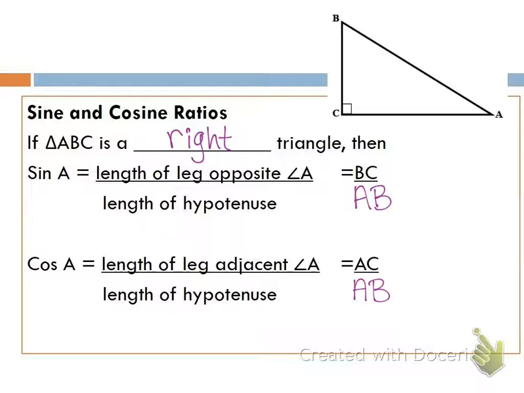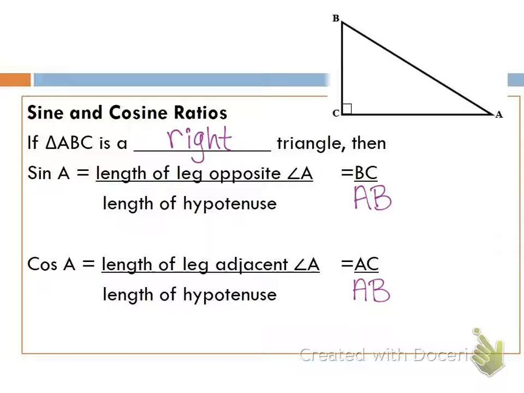They could have used angle B as their reference angle instead of angle A. And if they'd done that, then the top, or the numerator, of each of these would have been a different side, but the bottom, the hypotenuse, would have stayed the same. But they only referred to angle A for now, so we'll just leave it there.